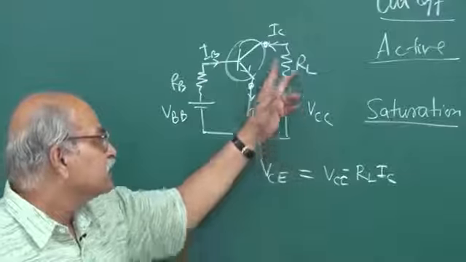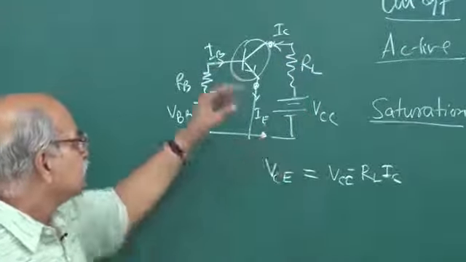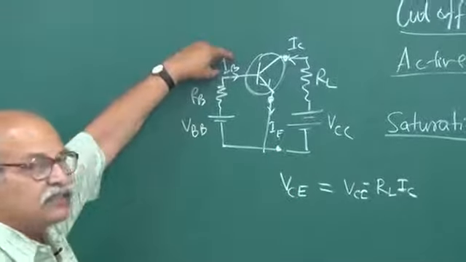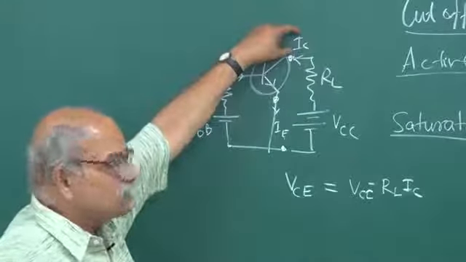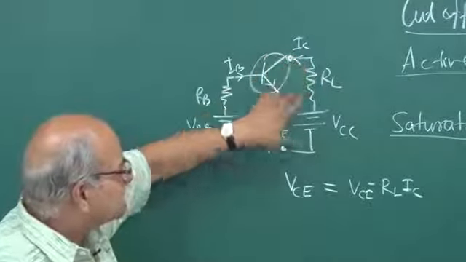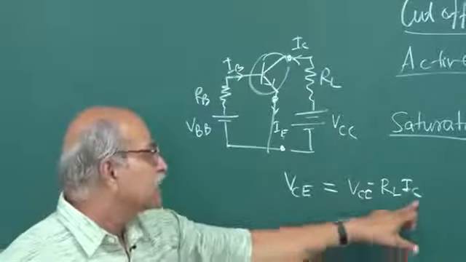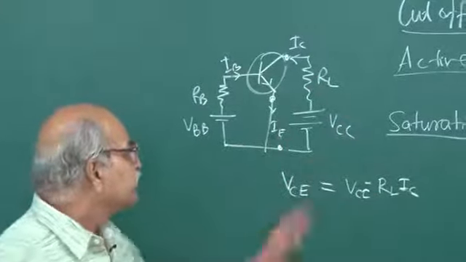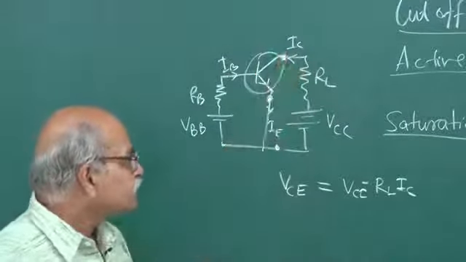We have not changed this RL or this battery, the same is there, but by just increasing this, you can get a situation where now IC is increased so much that this drop is now very small, because this drop is VCC minus RL and IC. The current is going in this direction, remember, the current is going in this direction.